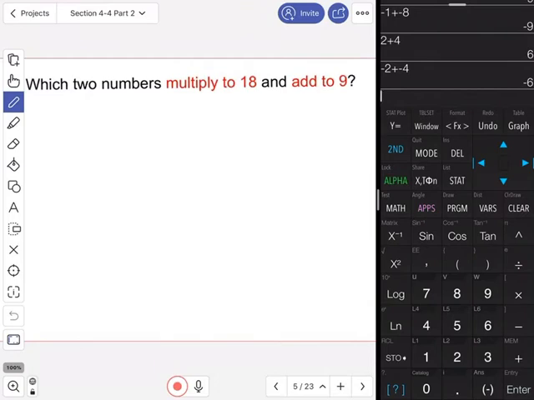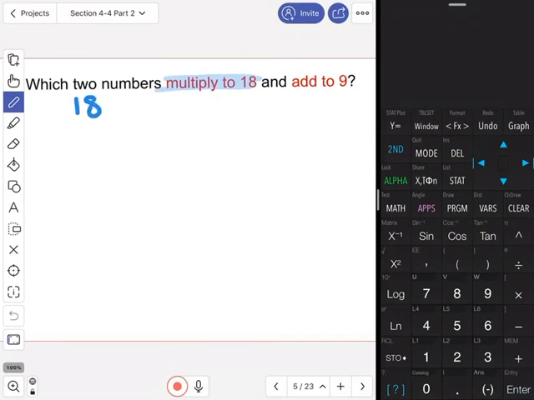For the next example, it asks which two numbers multiply to 18 and add to 9. So I first want to start by listing all the numbers that multiply to positive 18. I'm going to start with 18 divided by positive 1, which gives me 18.